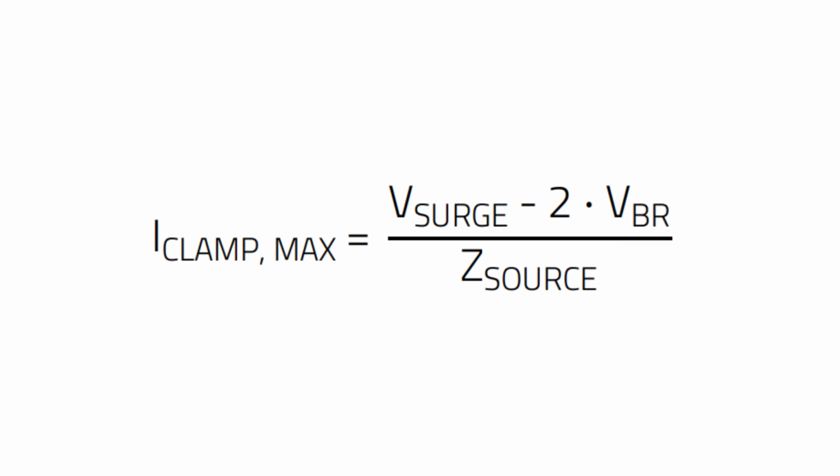Next, we want to calculate the energy consumption and the power loss. To simplify our calculation, we assume that the pulse is a square signal with a pulse duration of 20 microseconds, and the maximum clamping current is 11.6 amps. The approximate energy can be calculated with twice the breakdown voltage and the I clamp max.